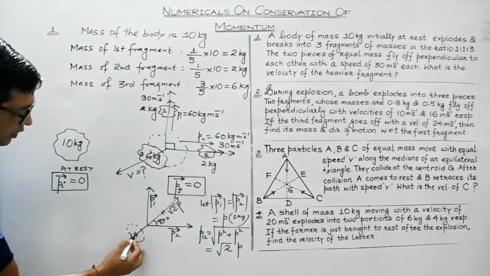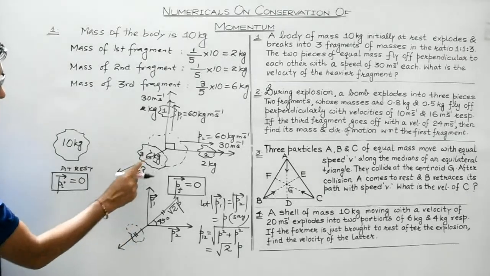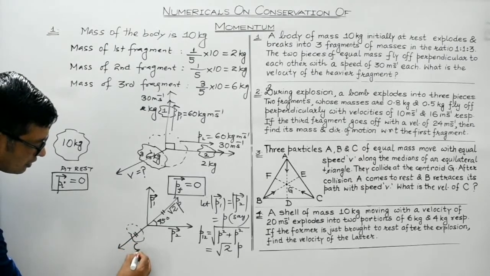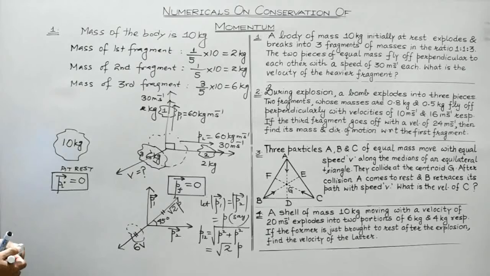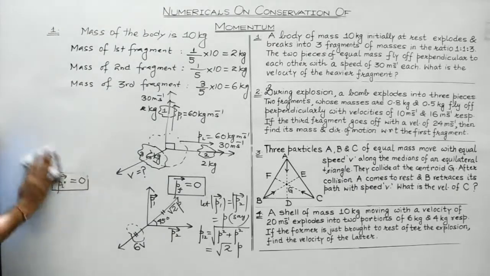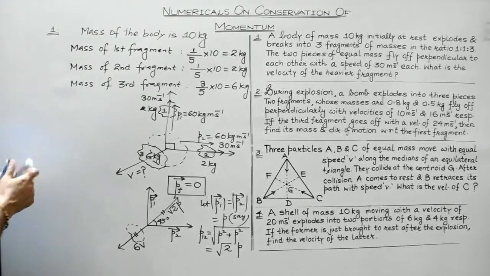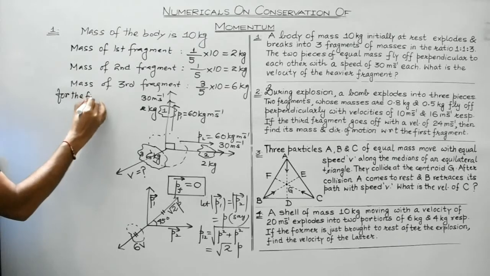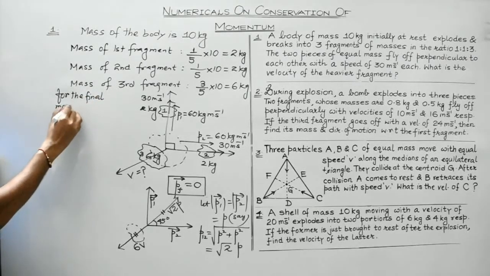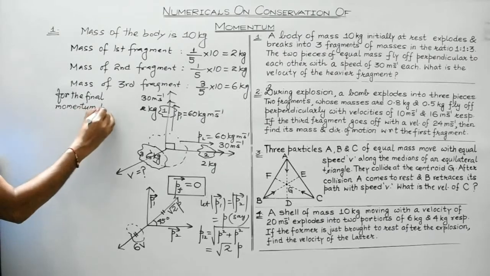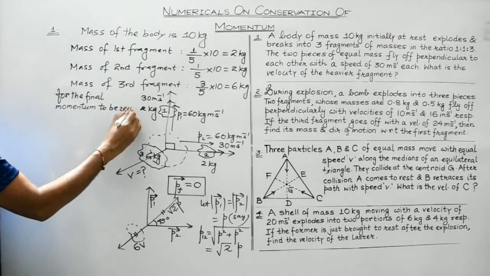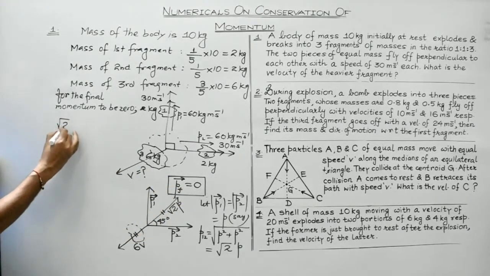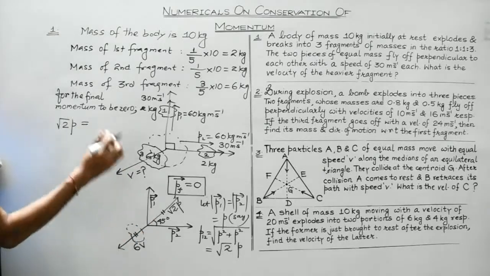Right? So, what about the momentum of this third fragment? Let its velocity be v and mass is 6. So, its momentum would be 6v. Right? So, therefore, students, for the final momentum of the system to be 0, this root 2P should be equal to 6v.